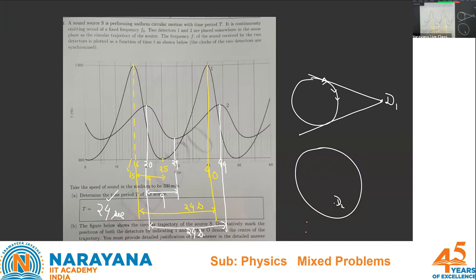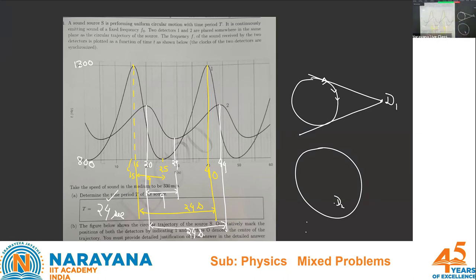For the outside person or for the inside person, let us try to write the possible frequencies. And one thing we need to understand, the max and the min for one of them is 1300 and 800, right? The values which are given here are 1300 hertz and 800 hertz. Max and min for one of them.